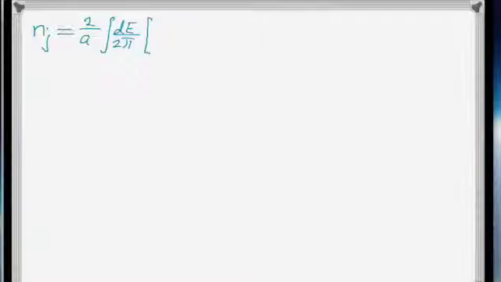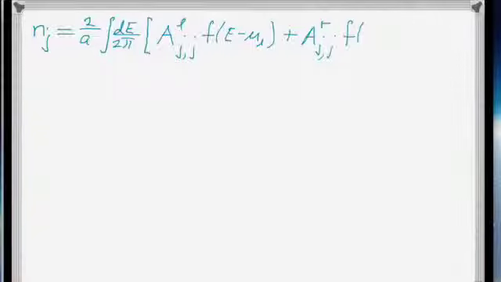And then we wrote it out as G gamma G dagger, but this is really just A left, JJ, times f of E minus mu left, plus A right, JJ, times f of E minus mu right.